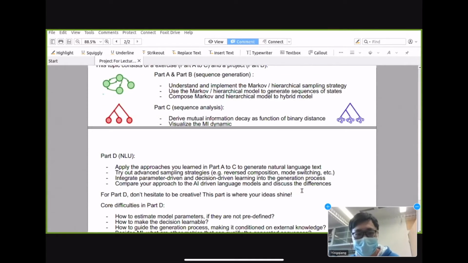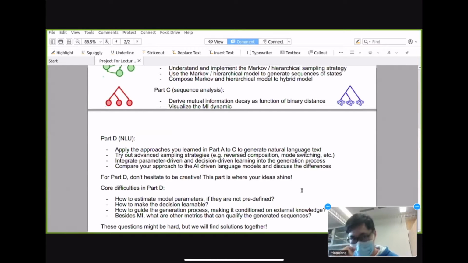As for the second part, this is where your idea shines. You can apply the approaches you learned in the exercise to generate lecture language text, right? And you can also try out different sampling strategies like sampling in reverse composition, or you can just switch between different modes, etc. And you can also integrate parameter-driven or decision-driven learning into the generation process.